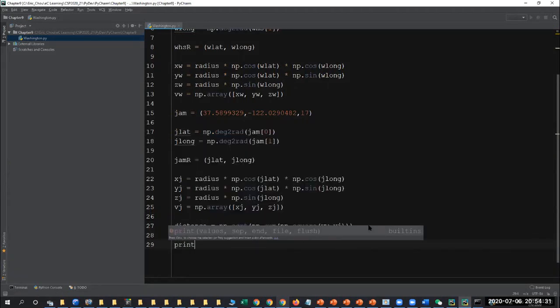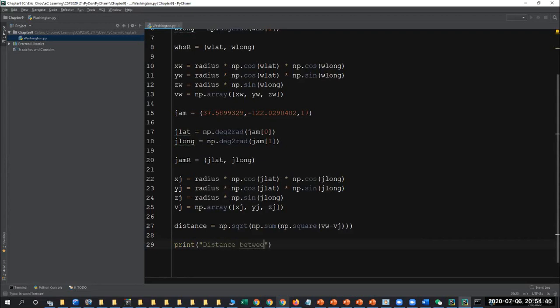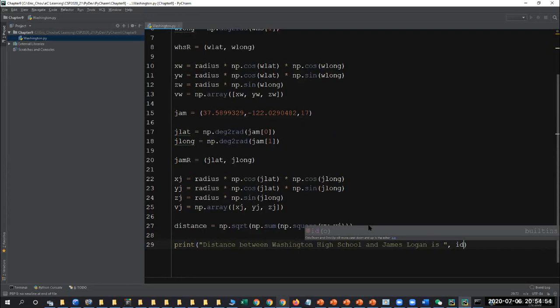Okay, so let's do print. Maybe 2.8 miles, maybe.